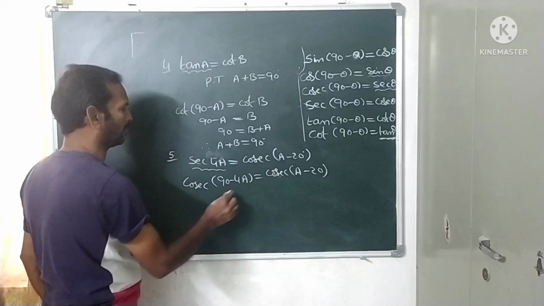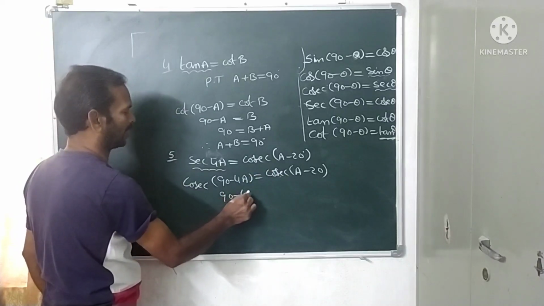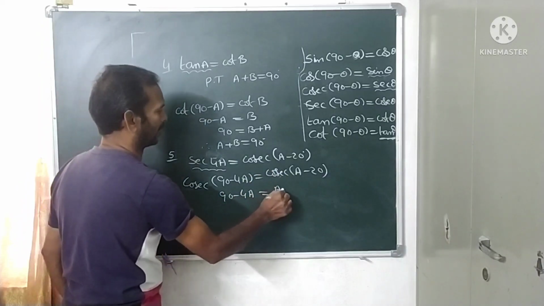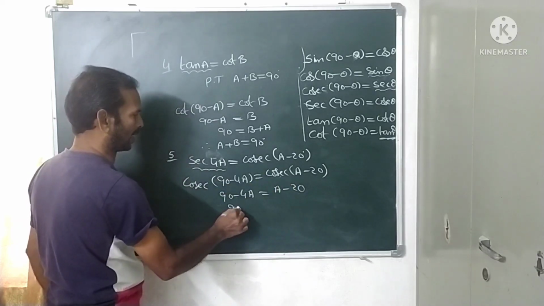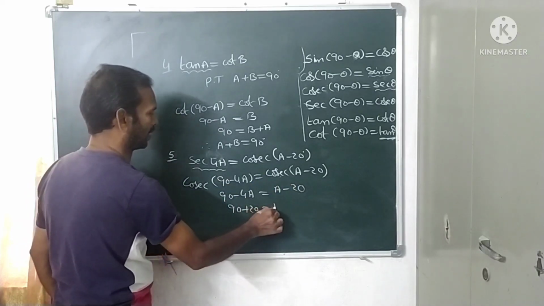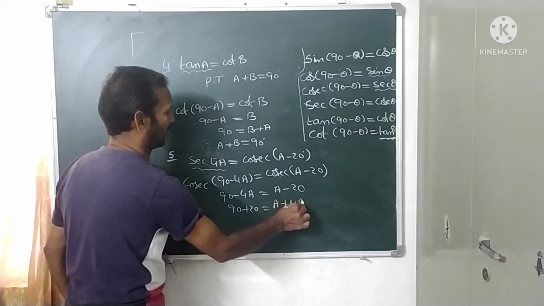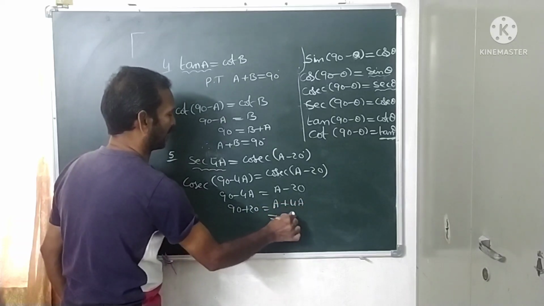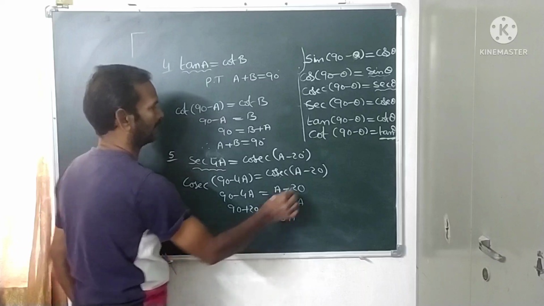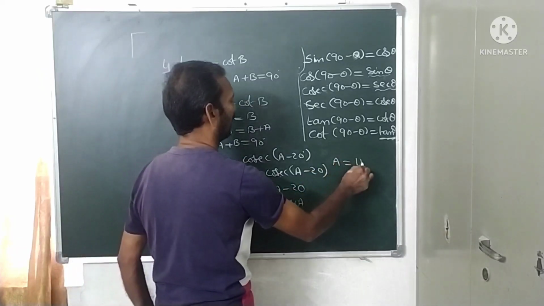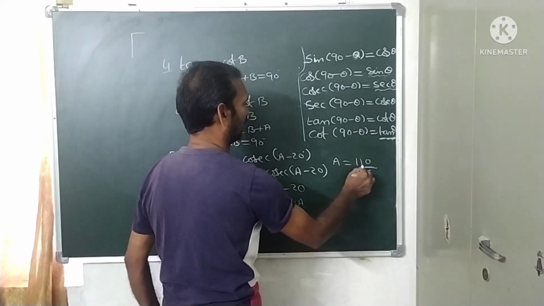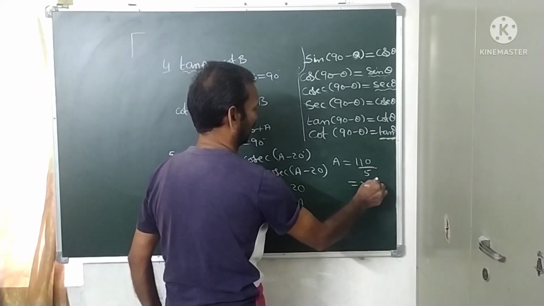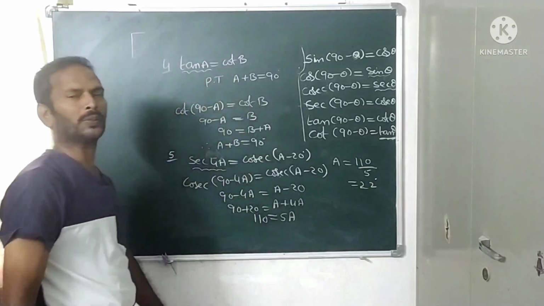Both sides cosecant remove means 90 minus 4a is equal to a minus 20. 20 transfer this side. 90 plus 20 is equal to a plus 4a. 5a is equal to 110. A is equal to 110 by 5. So 2 5 is 10, again 10 is there. A is equal to what? 22 degrees.